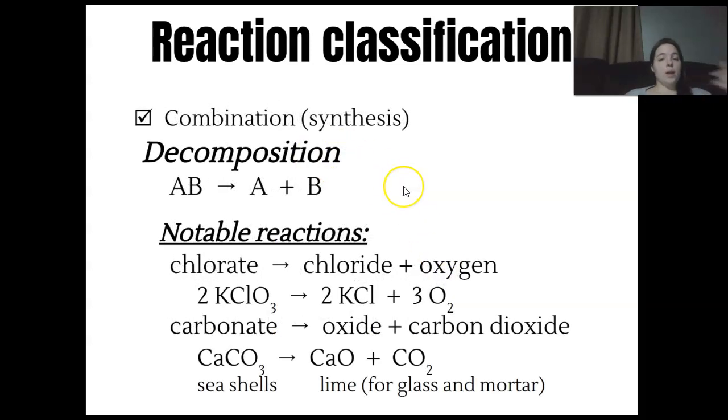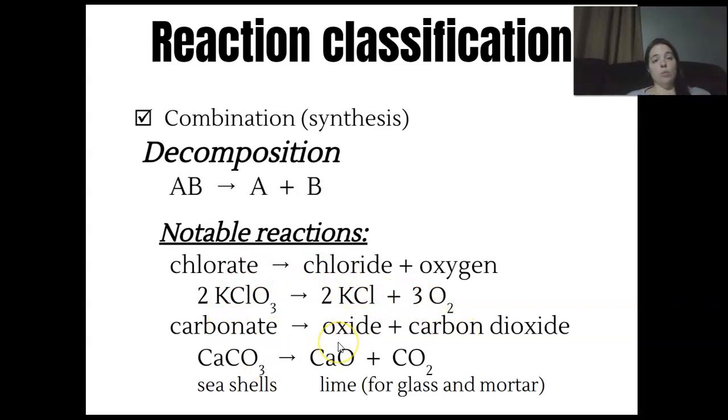Okay. The next thing we have is decomp. It's the reverse of synthesis. So you're taking that one thing and splitting it apart. Some notable reactions, things that we've seen before, are a chlorate going to chloride and oxygen, or a carbonate going to oxide and carbon dioxide.